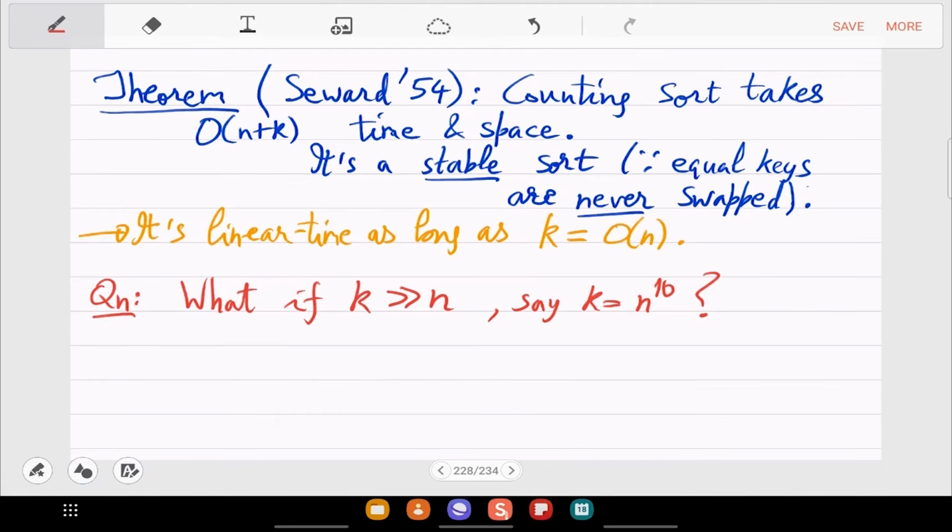Okay, which is easy to store. I mean, this is just 10 times log n bits. So it's not that it's hard to store the keys, but if you do counting sort, then everything goes awry. It's very slow. So what should be done here? So that is the final algorithm. It's called radix sort.